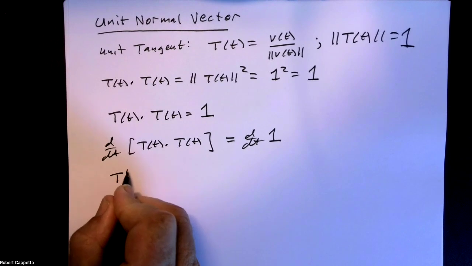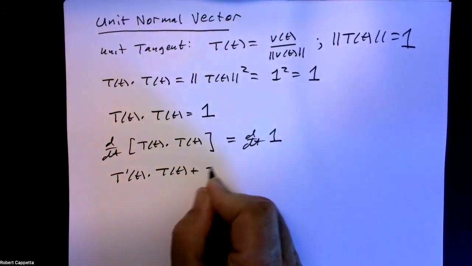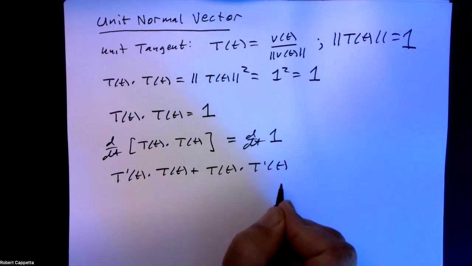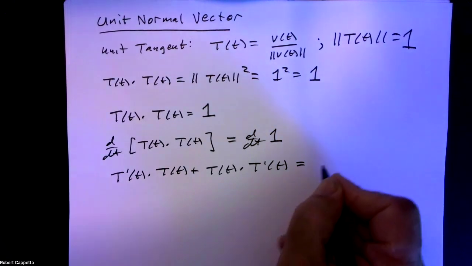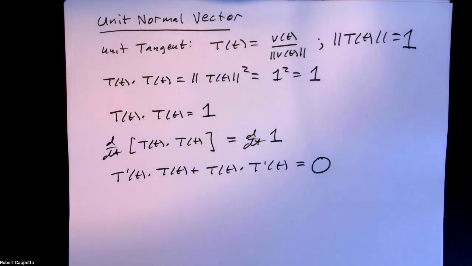So the derivative of the first, T prime of t dot T of t, plus T of t dot T prime of t is going to equal what? Equal the derivative of 1, which is 0. Now, what else do we know? At least in this course, the dot product is always commutative.